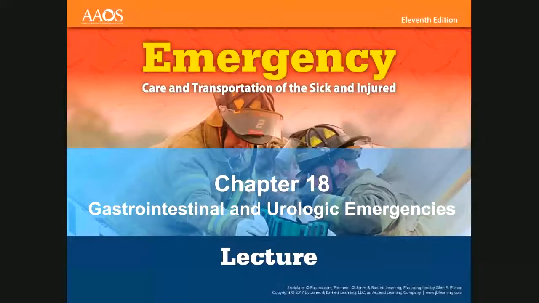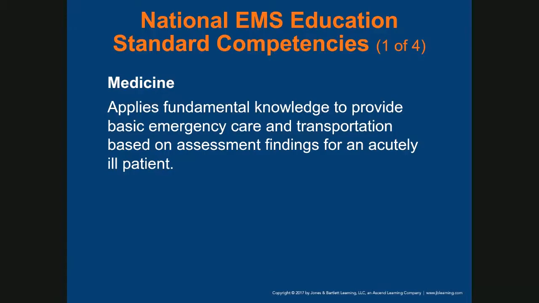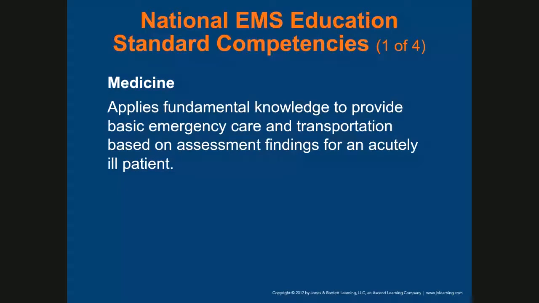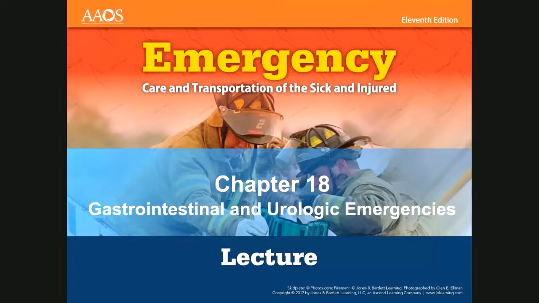All right. For today's session, we will be looking at gastrointestinal and urologic emergencies, and we'll also be looking at toxicology. Now, with gastrointestinal complications, you need to think about hypovolemic shock, infections, inflammatory issues and obstruction.